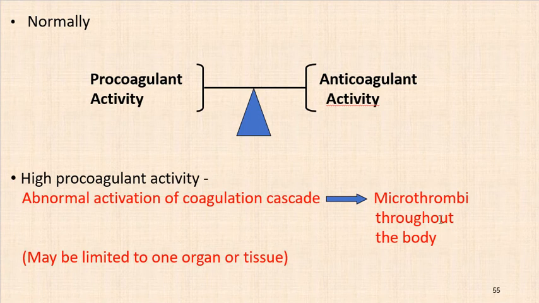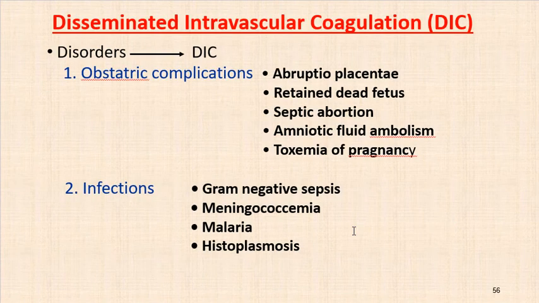At times these microthrombi may be limited to one organ or tissue, and at other times it is generalized. This condition, where there is formation of microthrombi within small vessels throughout the body, is called disseminated intravascular coagulation.